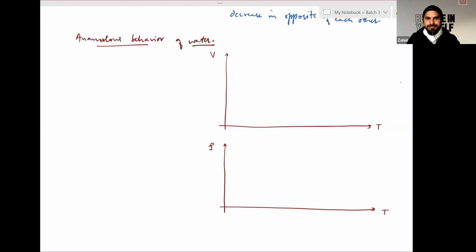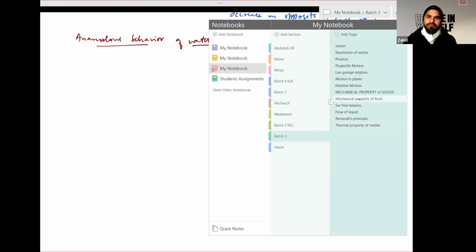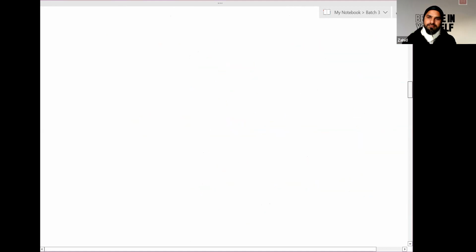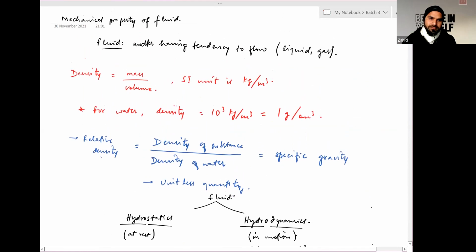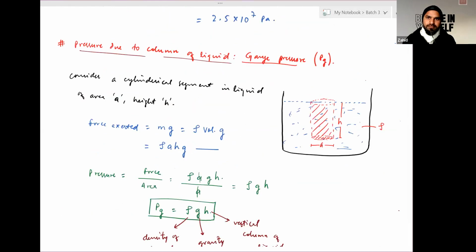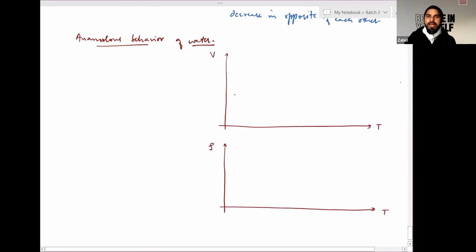Nida, any idea? It will be maximum at 4 degrees Celsius.